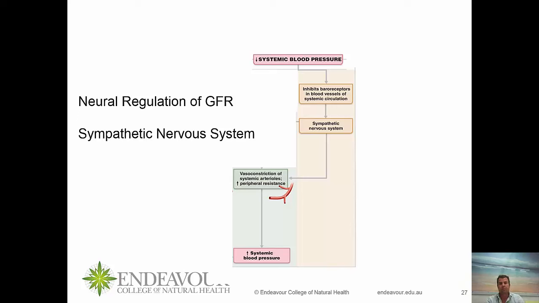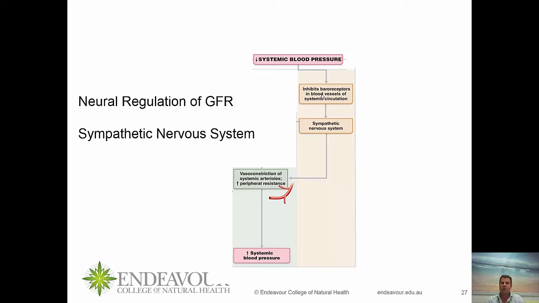All right. Next one on our list is the neural regulation of GFR, and this is again in response to a decrease in blood pressure. We have inhibition of the baroreceptors in the blood circulation. So remember way back we talked about the baroreceptor reflex. Baroreceptor reflex is a response that is within us to sense stretch of our aorta and stretch of our carotid arteries.